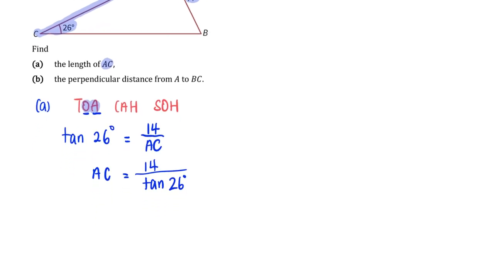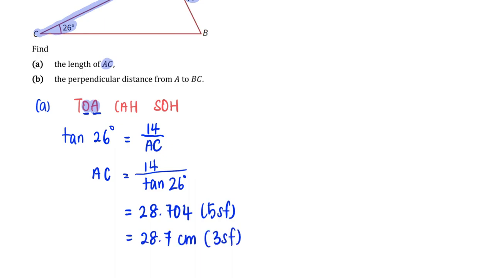And then I will be able to get my length AC. 28.704 to about 5 significant figures. 28.7 cm to 3 significant figures.